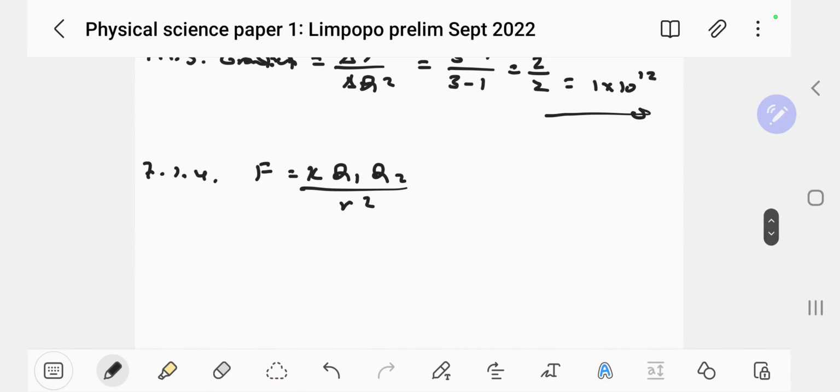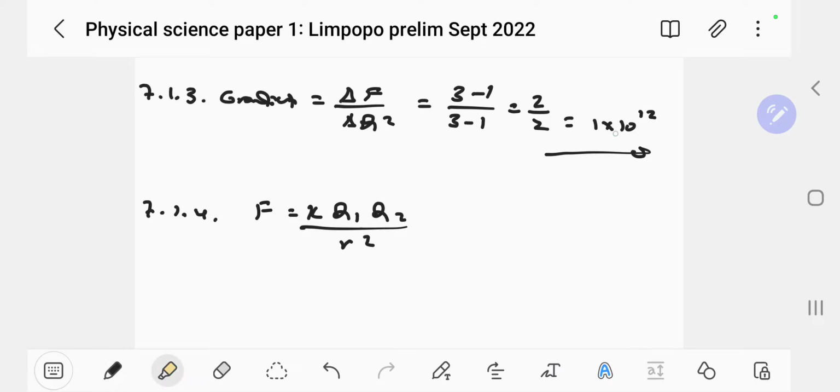If we have to use this gradient, I think this information is already telling us that we can't use any charges. So if we have to use this gradient, look at this, it's force over charge squared. Now how can we do that? Because we know that these two effectively gave us k times Q squared over r squared, because they were identical, even though the signs may not be the same.